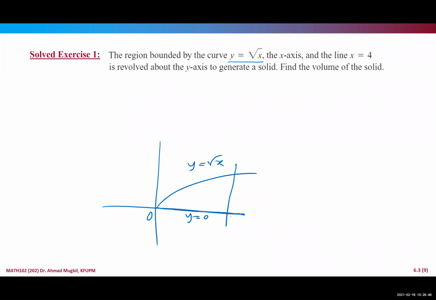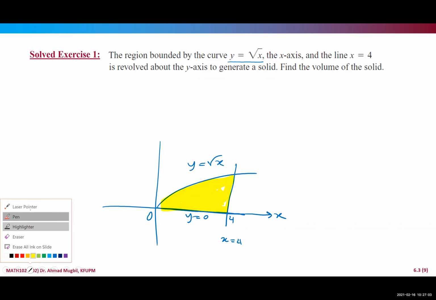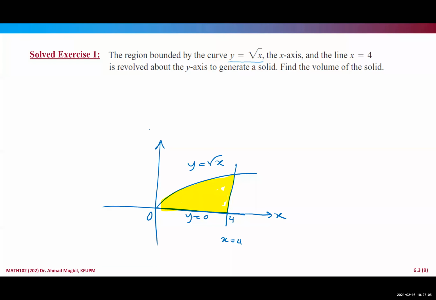This is the x-axis. Now, this is my region. This region is revolved about the y-axis. So this is the axis of rotation. Then find the volume of the solid. Now, what we will do, Shabab, who can tell me, please?